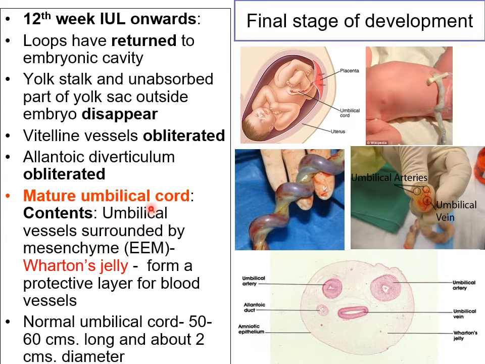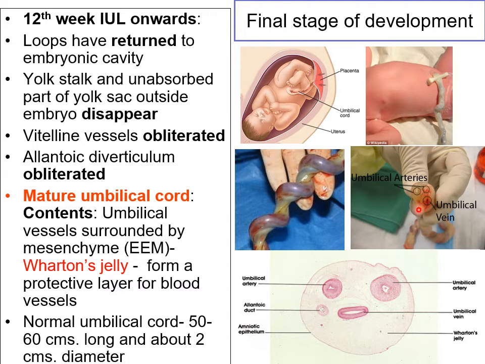The umbilical vessels, that means 2 arteries and 1 vein. This is the cross section of the umbilical cord in the lower figure, surrounded by extraembryonic mesoderm, which is also known as mesenchyme because it's primitive mesoderm. If you examine the umbilical cord after birth, it's a jelly-like substance.